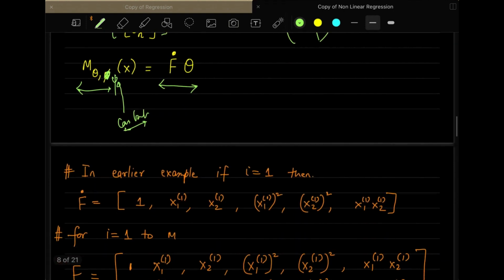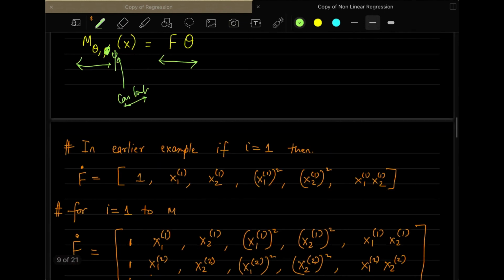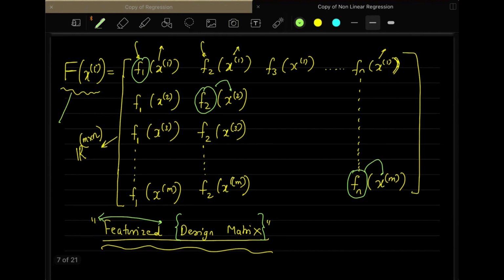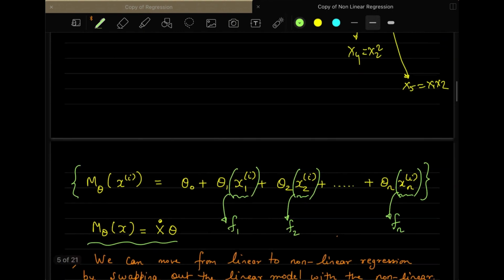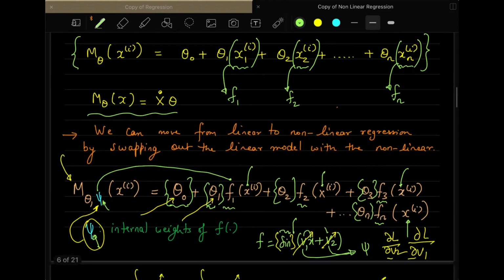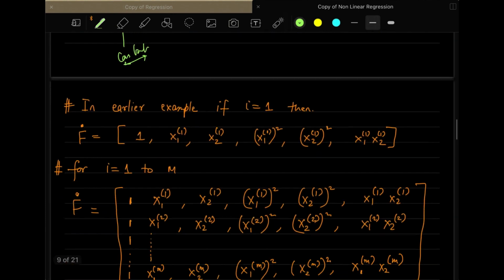Okay, so let me show you what these values of f dot and f are in the example that we had studied earlier, which is this one. If you keep this in mind, I want to show you how you can fit this into the f and f dot. So it's very simple. Your f dot will be 1, x1, x2, x1 square, and so on.